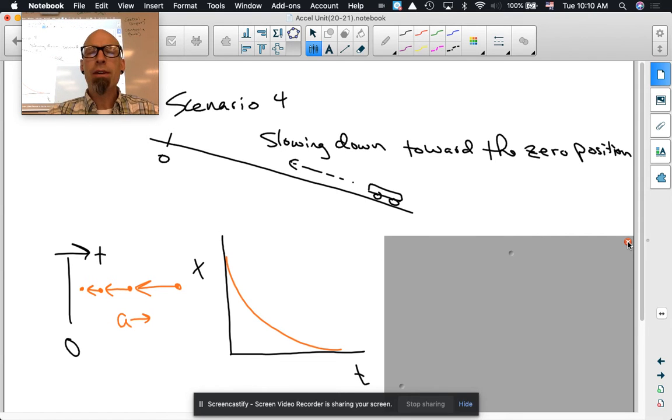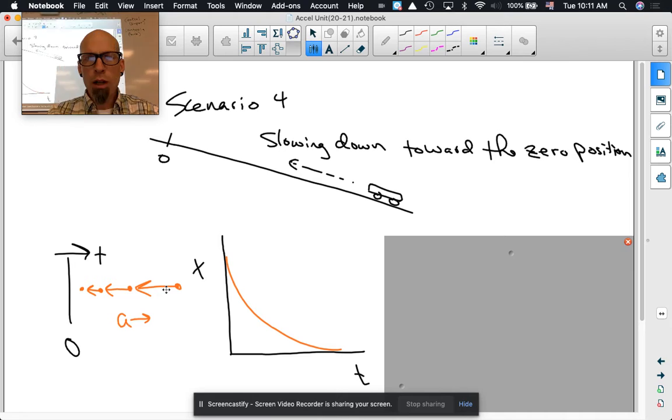Now, if you're starting with a large negative velocity, where is that on the VT graph? Below the t axis, right? And it's going to be changing, getting closer to the 0 velocity.